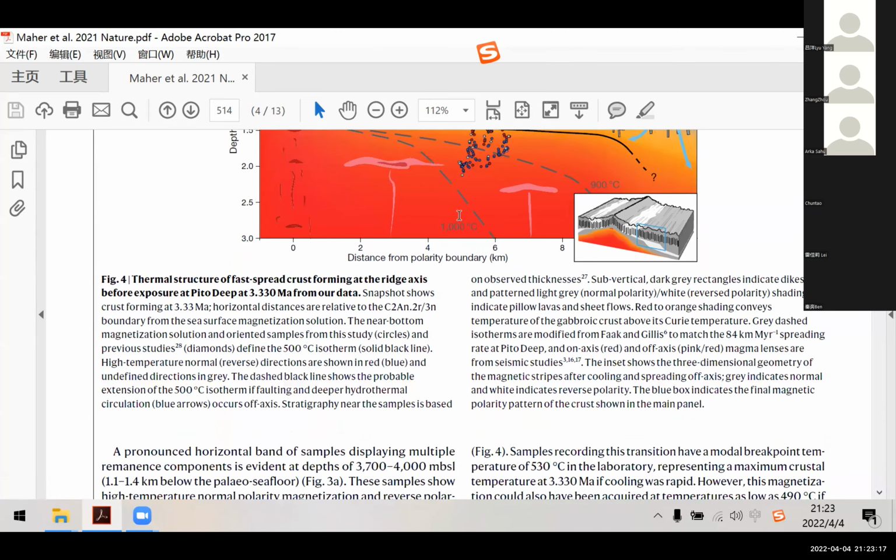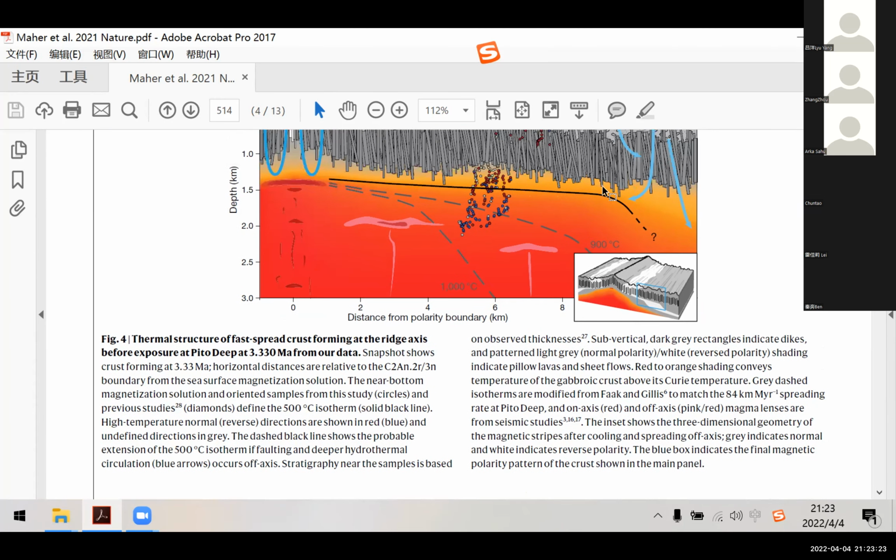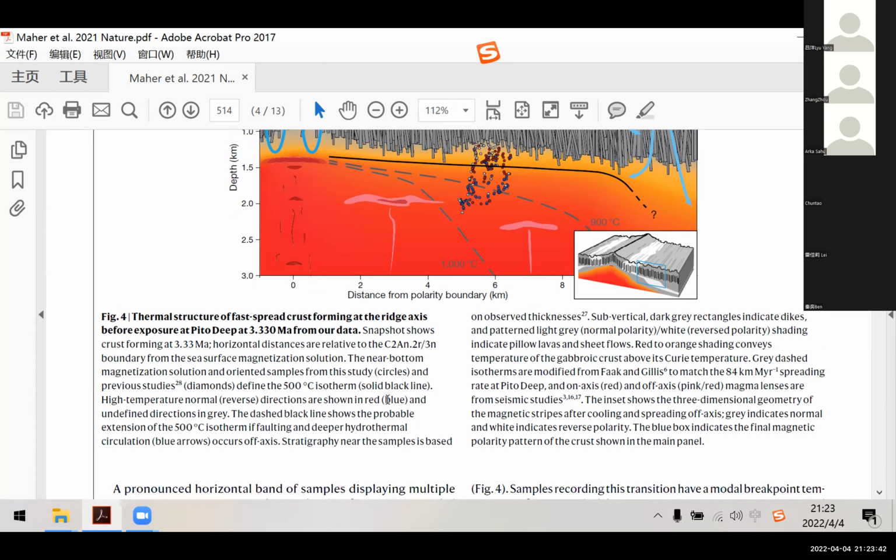And then they draw the dashed line at 500 degrees C if it's extended further. Okay, that makes sense, because otherwise it would be something like this, and then it cools down. So this should be like, say, 800 degrees here, and drops to 600 degrees.